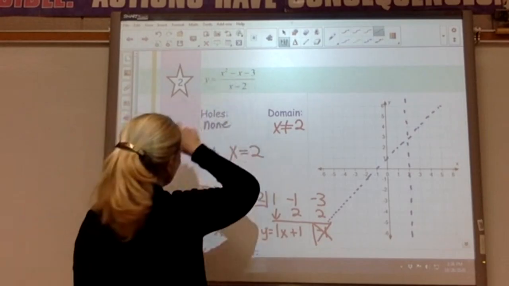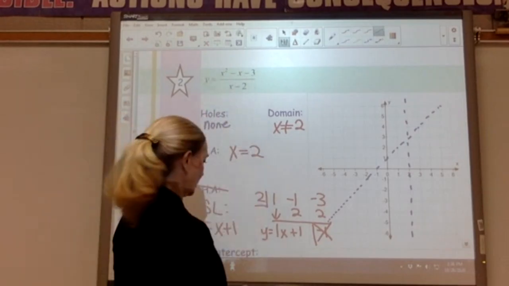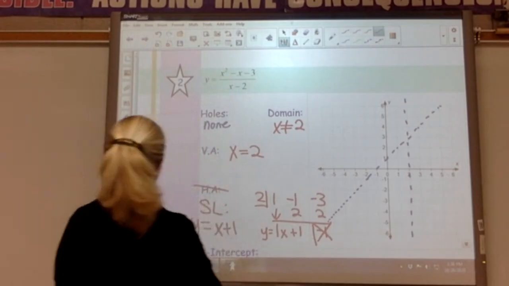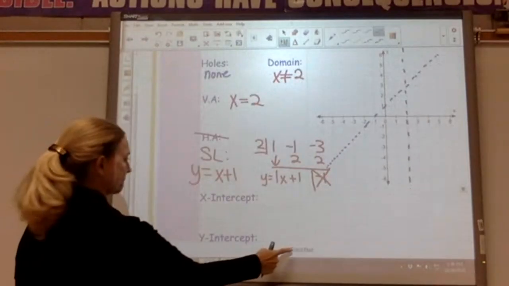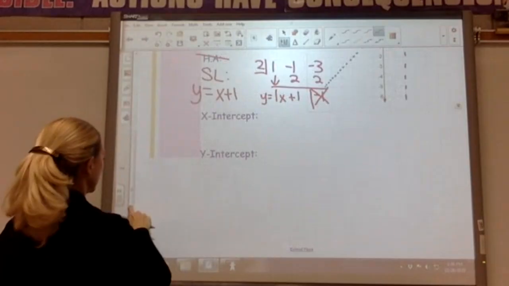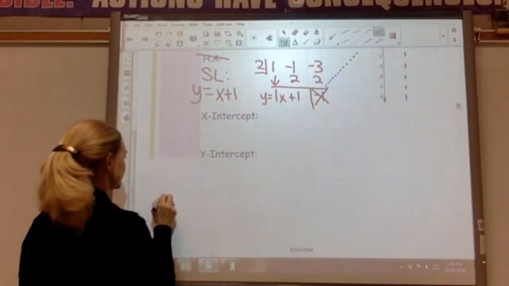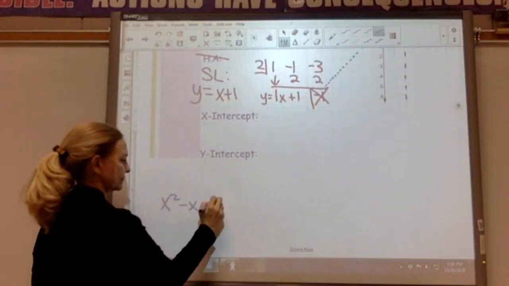All right, this did not factor, so it's going to be quadratic formula. That's what I'm going to have to do. So let me see if I can get some space here. x squared minus x minus 3.